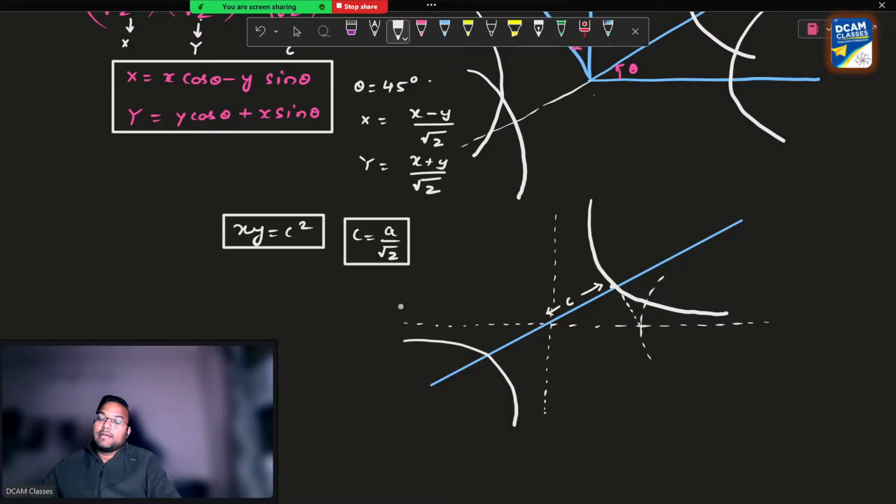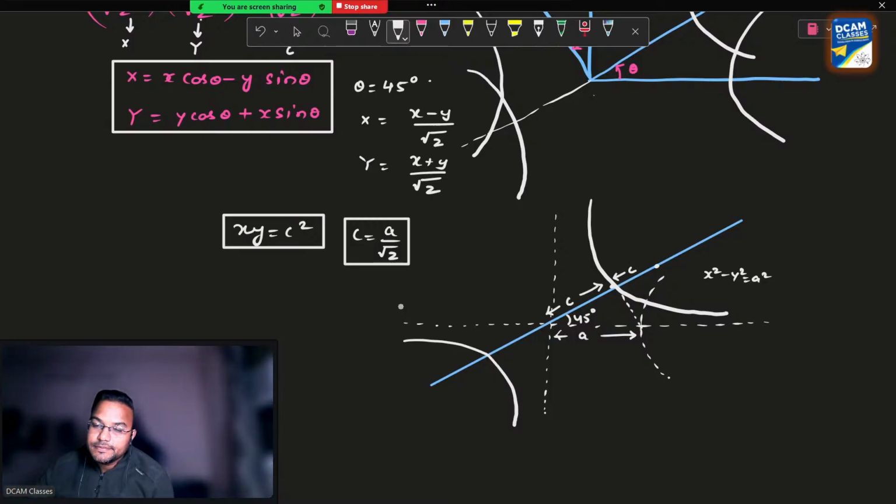Because if our original hyperbola was like this, this distance was a, correct? x square minus y square is equal to a square. From Pythagoras theorem, this is a 45-degree angle. c is equal to a by root 2, so this will become c. Now this distance also will be c.